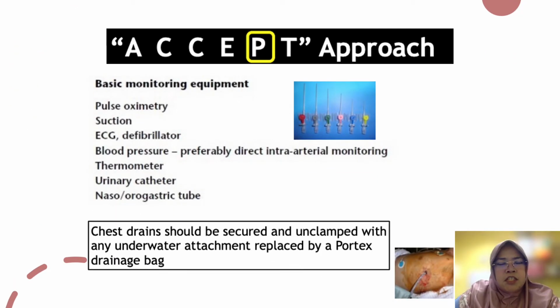The transport personnel also need to prepare basic monitoring equipment such as pulse oximetry, suction, electrocardiography, defibrillator, blood pressure, thermometer, urinary catheter, naso or orogastric tube. And if the patient is on a chest drain, the chest drain should be secured and unclamped with any underwater attachment replaced by a Portex drainage bag if available.